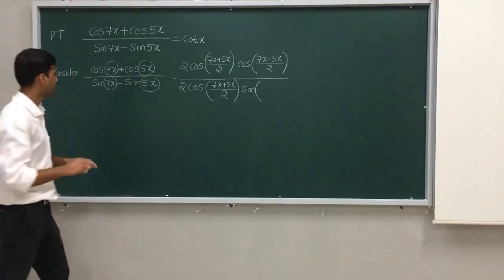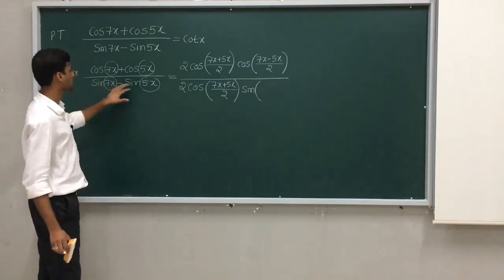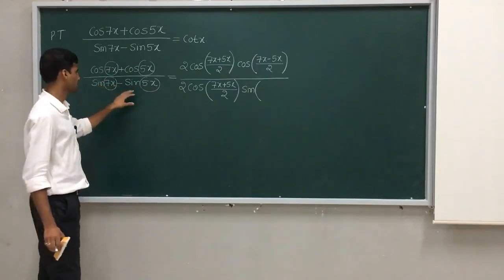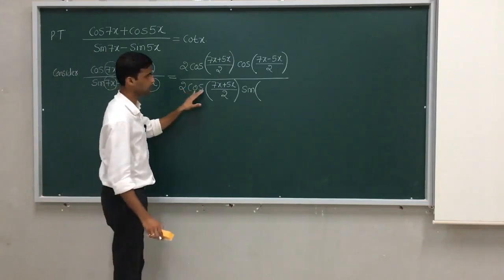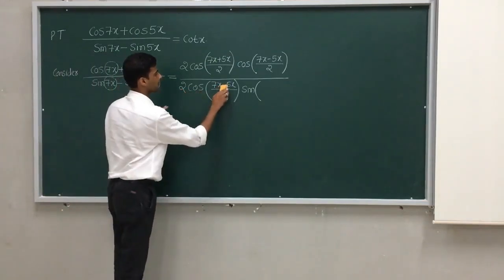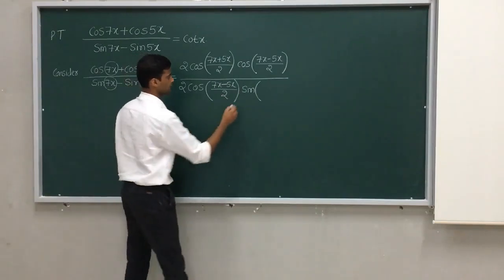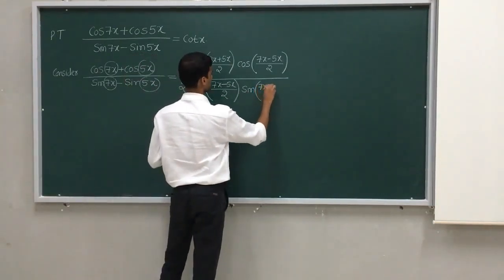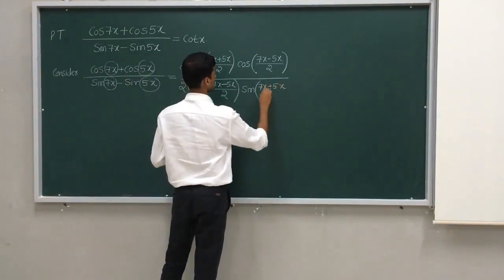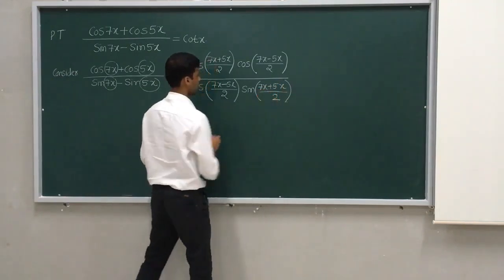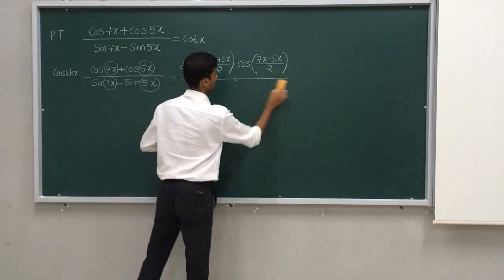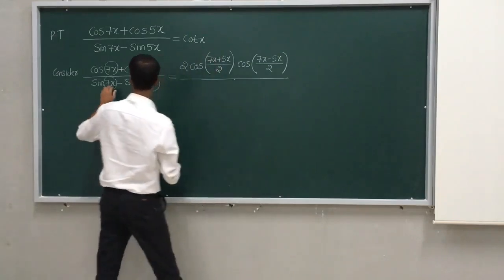Sin x minus sin y is 2 cos of (x plus y) by 2 into sin of (x minus y) by 2. Hope you understand. If you want to write it in proper format, you can write it like this.